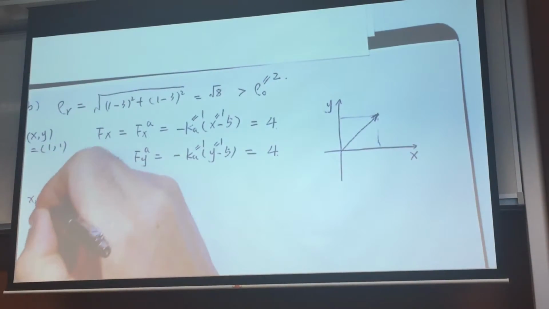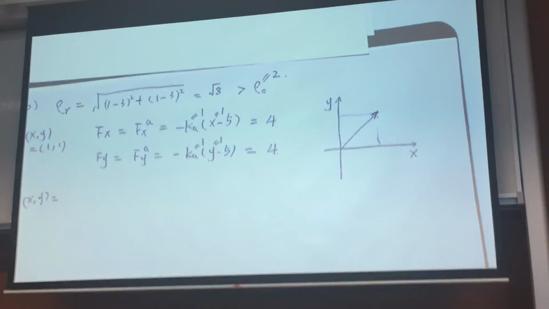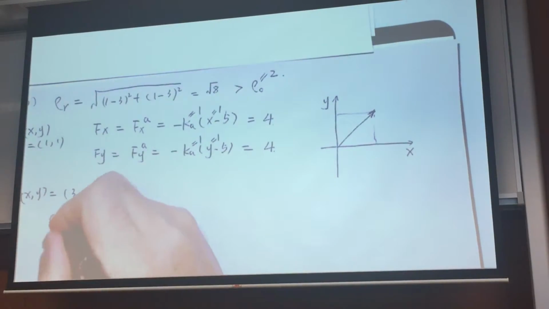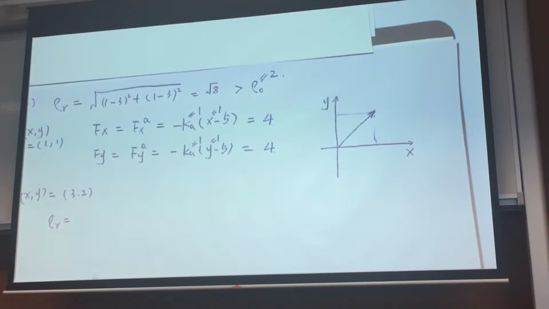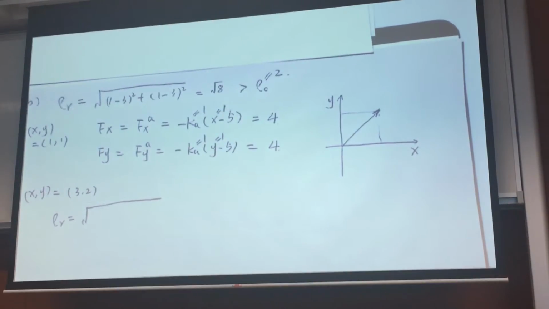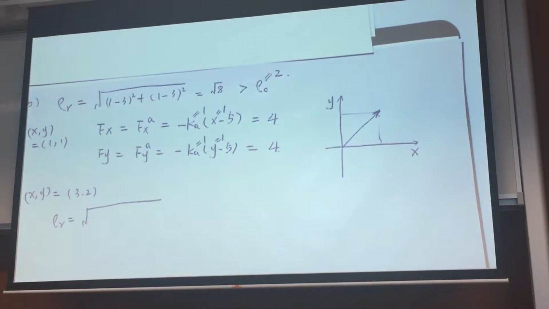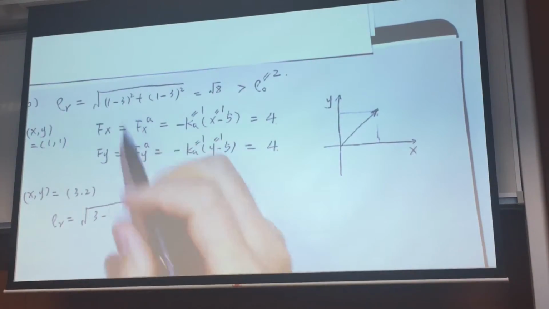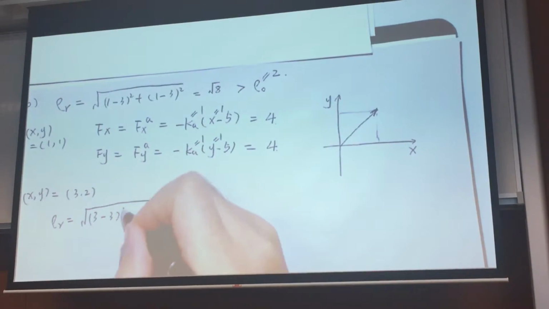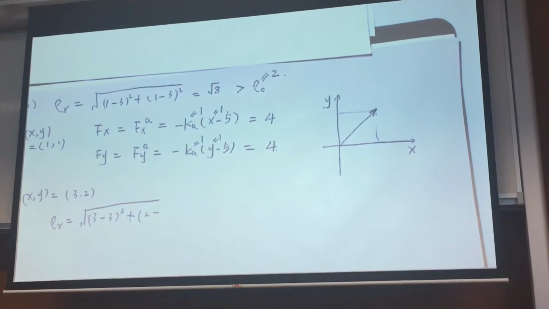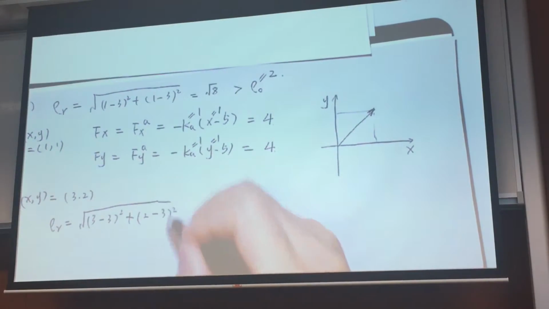Secondly, when you have this xy equal to 3, 2, you can evaluate the distance. The distance, this rho r, is given by this 3 minus the x0 which is 3 square plus this 2 minus 3 square.